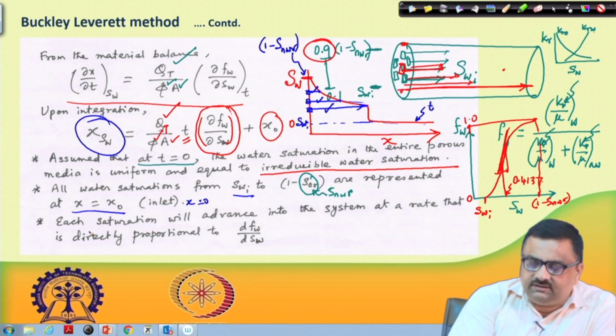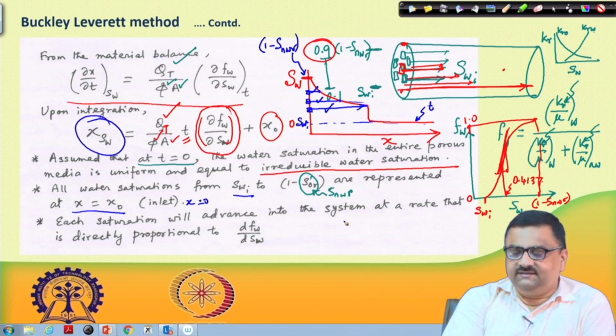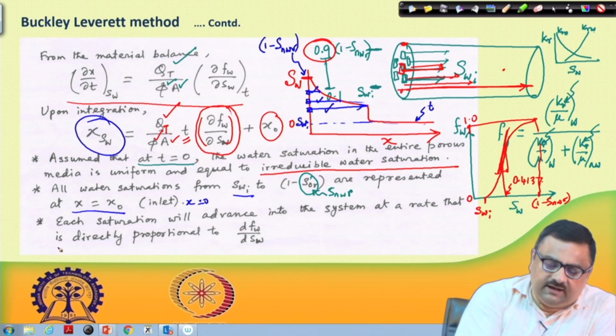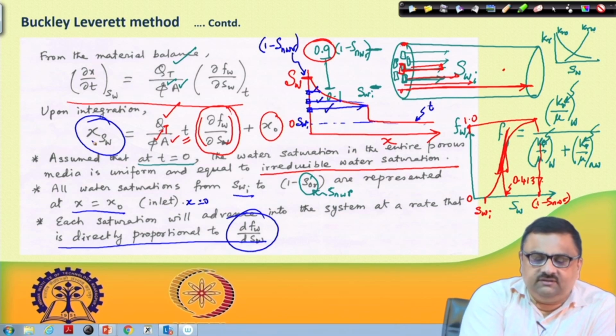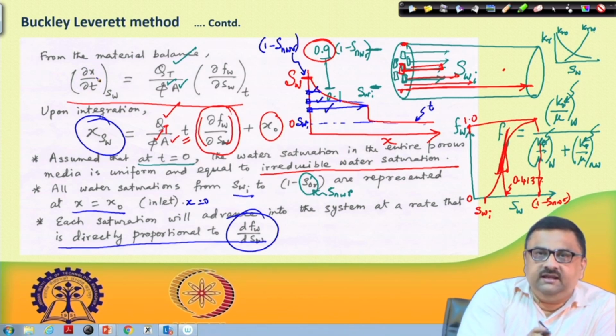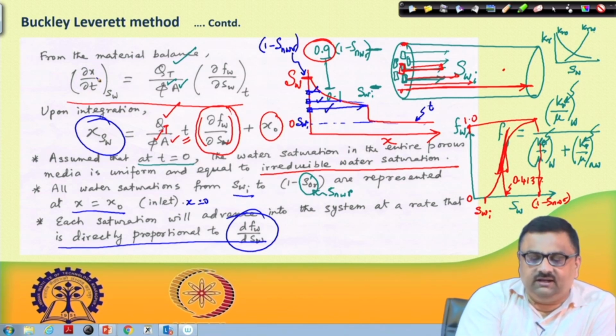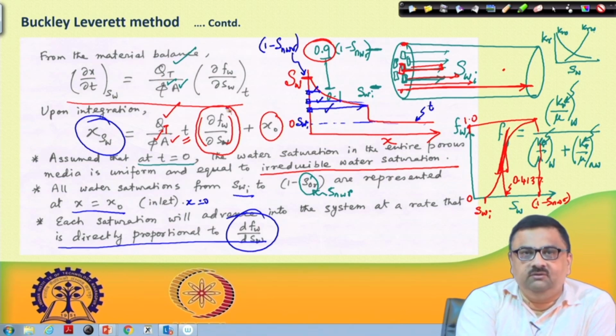And each saturation will advance into the system at a rate that is directly proportional to dFW/dSW. Each saturation is travelling at a rate, del x del t, that is the speed at which each saturation packet is travelling, and that is proportional to del FW del SW.